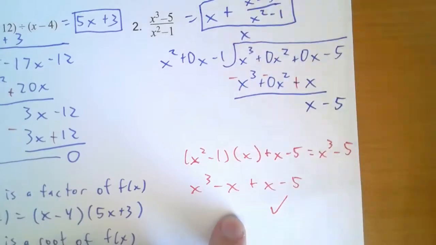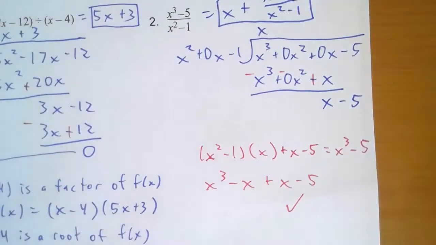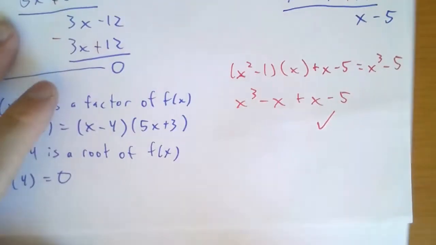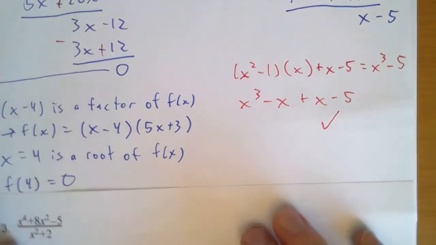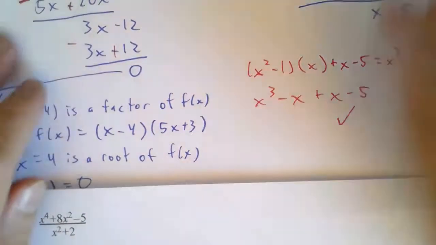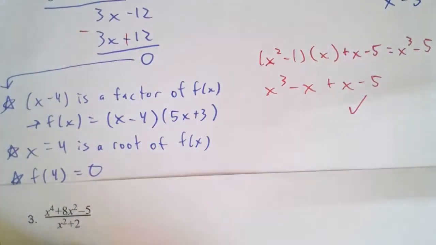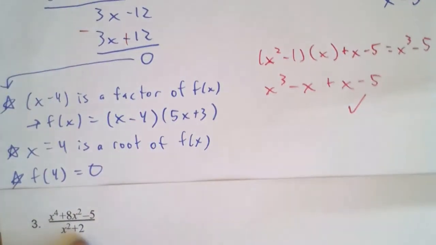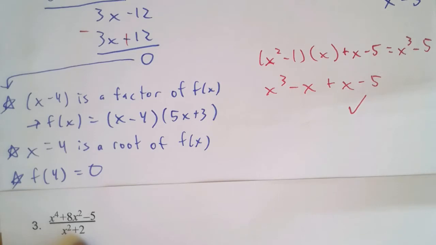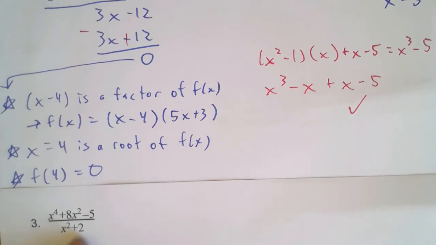It does work out. All right, why don't you guys go ahead and try this third problem that I've got for you here. Go ahead and try number 3 here. x to the 4th plus 8x squared minus 5 divided by x squared plus 2.